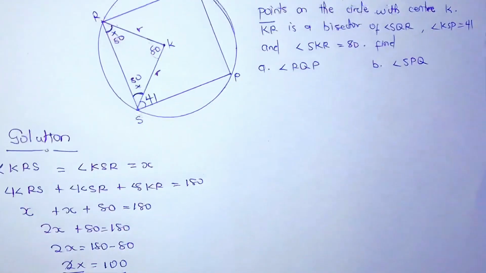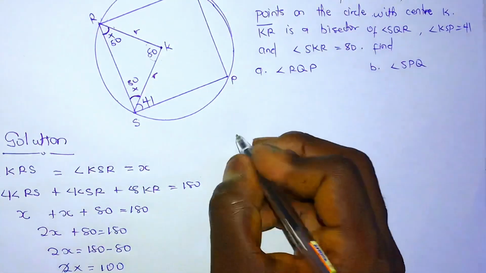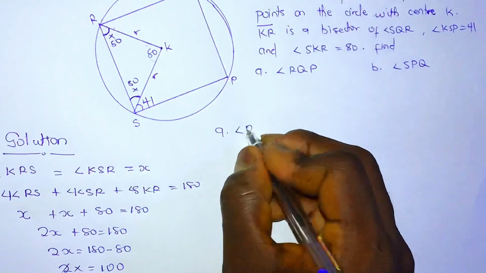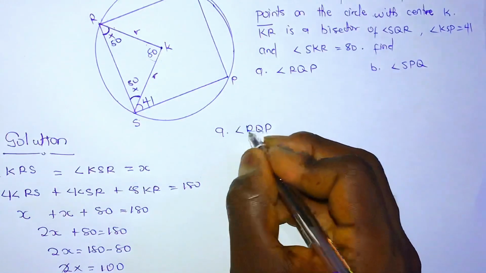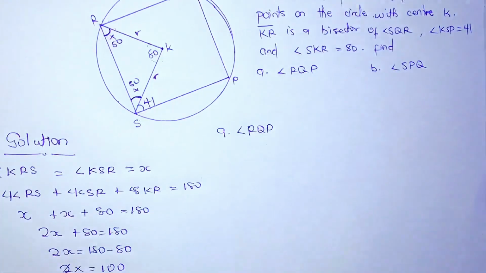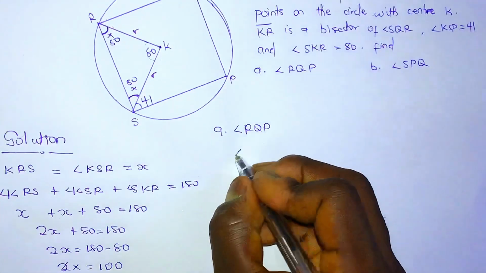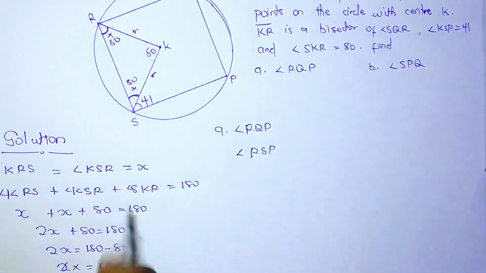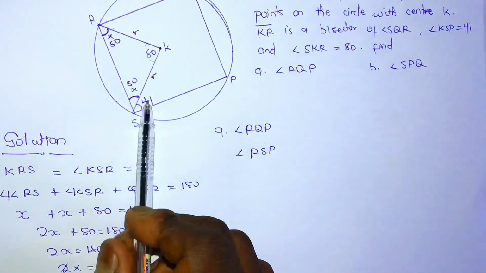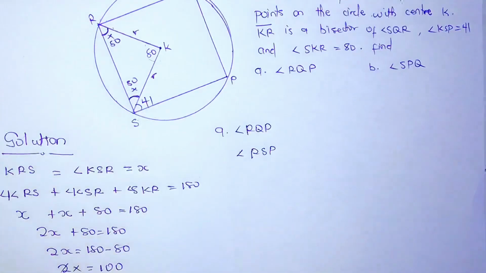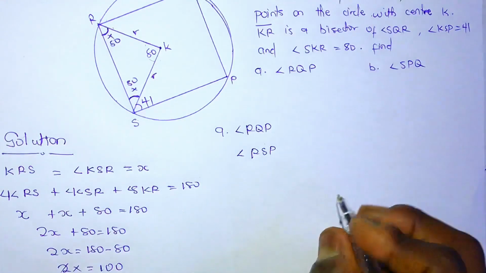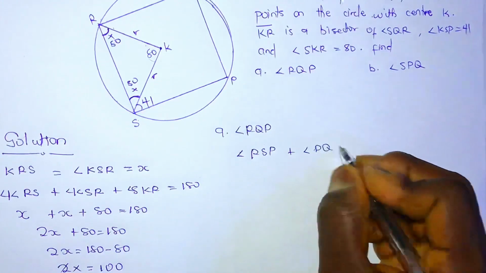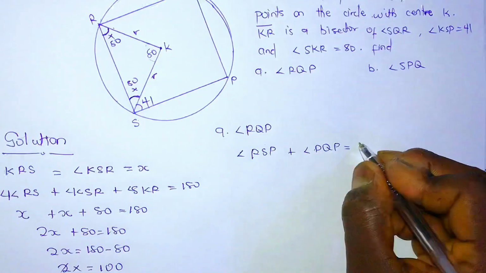Now, the angle we want to find, that's A, angle RQP. Angle RQP. So we can say that angle RSP, so this is RS, angle RSP plus angle RQP should be equal to 180.